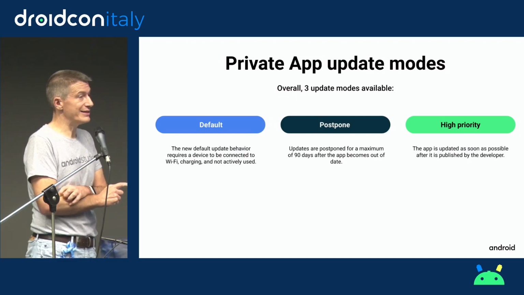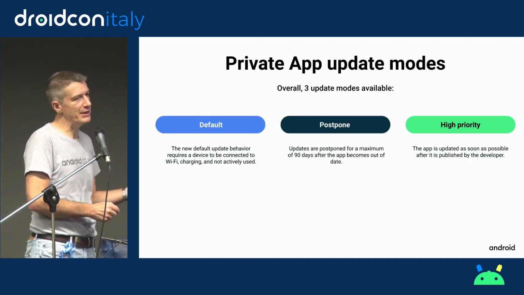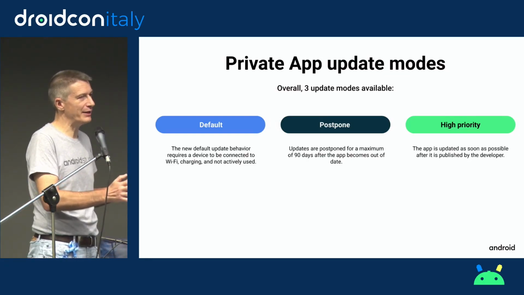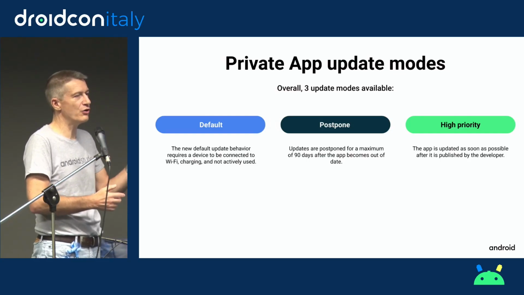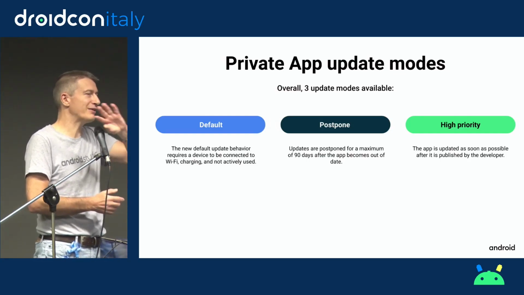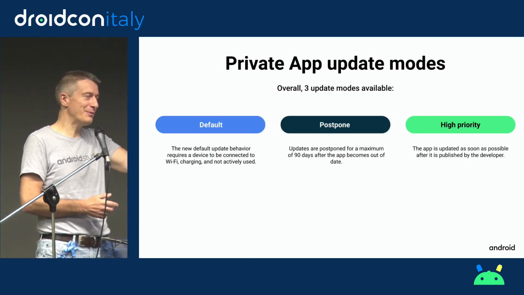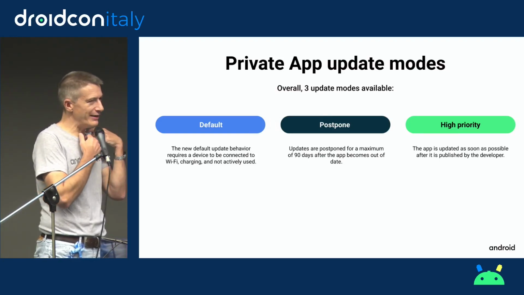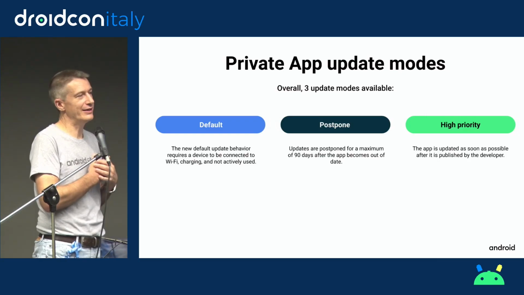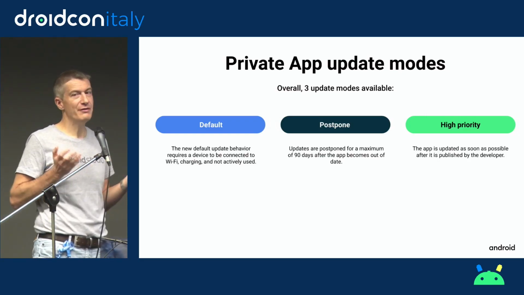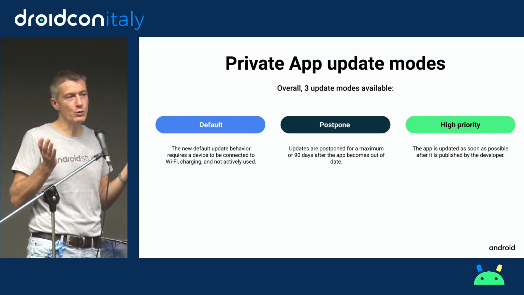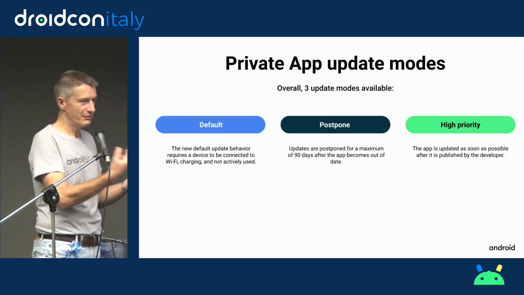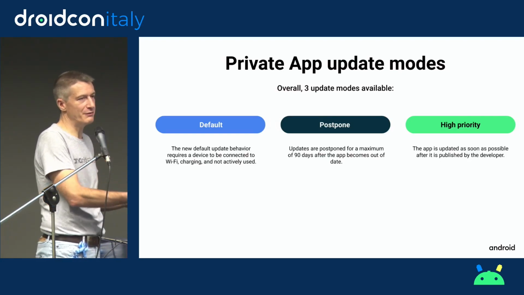The only thing is that it's a one-way ticket going from a public application to a private application. This is very important, because if you have a public application and you decide to do a test and convert it to a private application, there is no button in the Play console to convert it back to public. You need to open a support ticket and explain what mistakes you have made. Actually, the only official way to go back to having the application public is to have a new package name for this application. So you are losing all the previous customers.